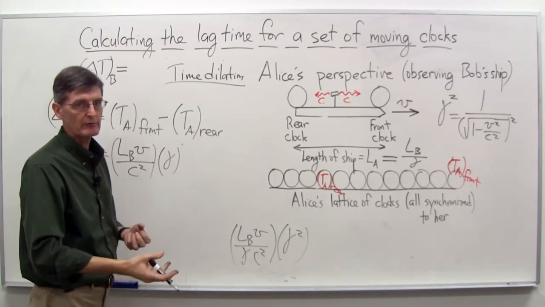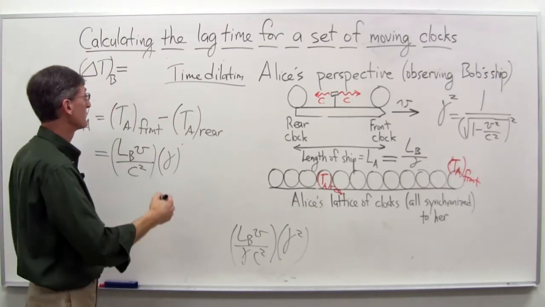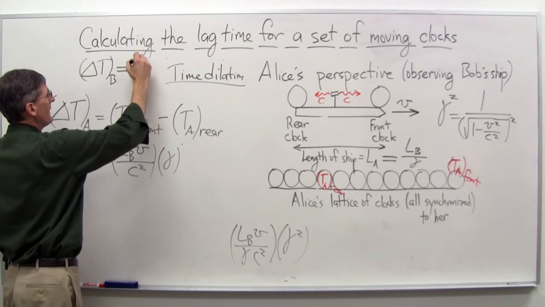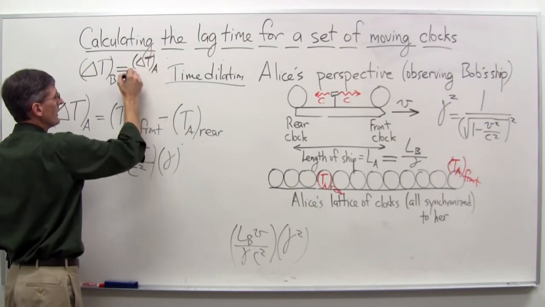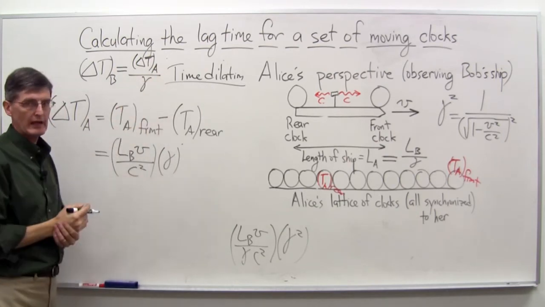Alice observes Bob's clocks running more slowly, and so it's going to be delta t for Alice, whatever time difference hers is, divided by gamma.